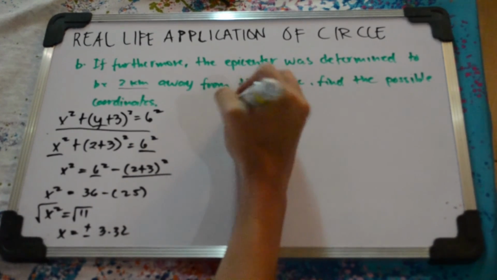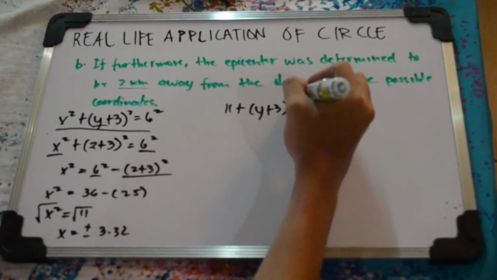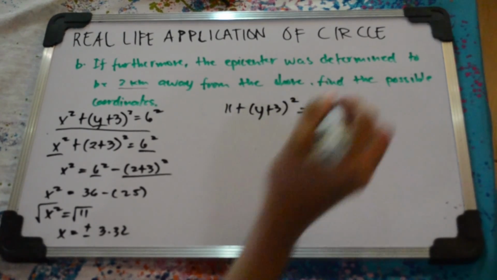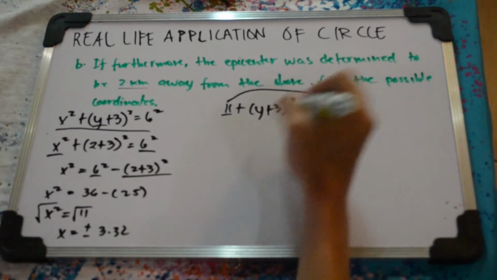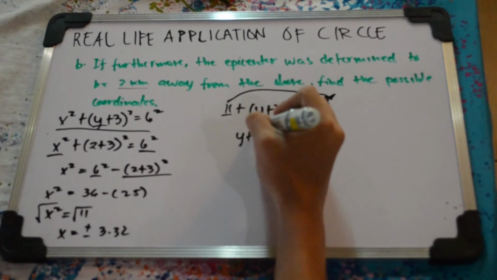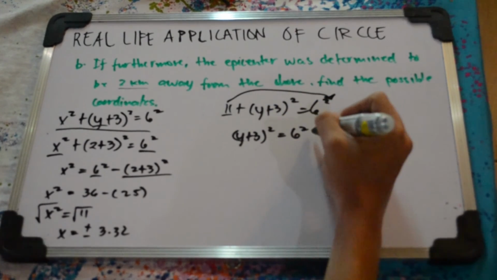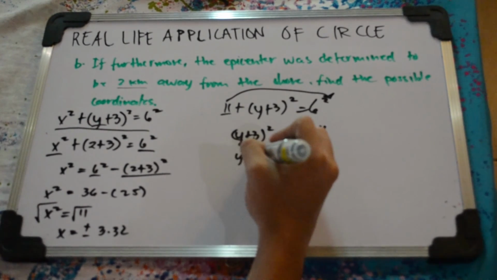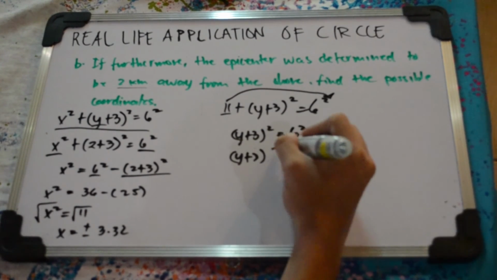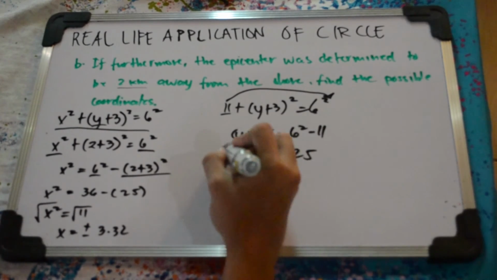So 11 plus y plus 3 squared is equal to 6 squared. And then transfer the 11 to the other side. And then y plus 3 squared is equal to 6 squared minus 11. And then y plus 3 squared is equal to 25. Then take the square root of both sides.